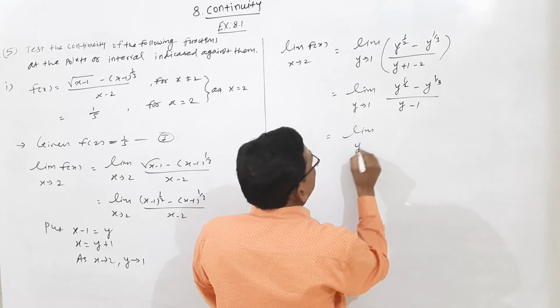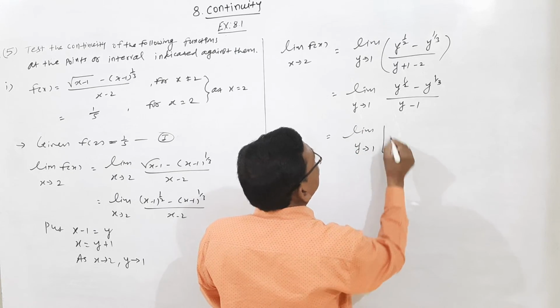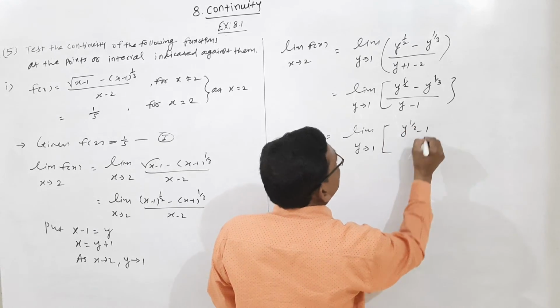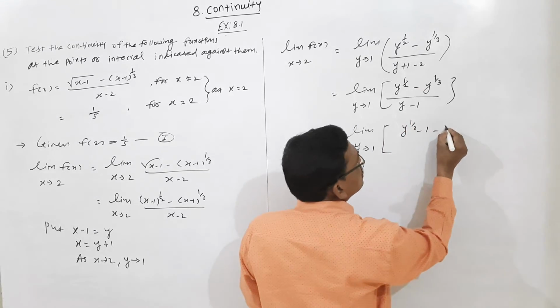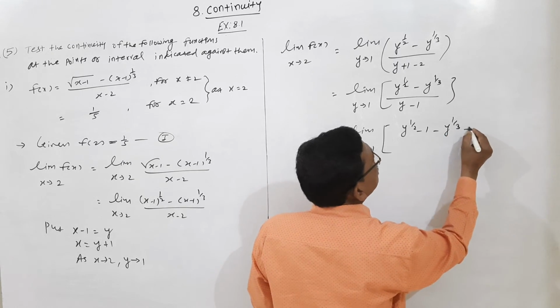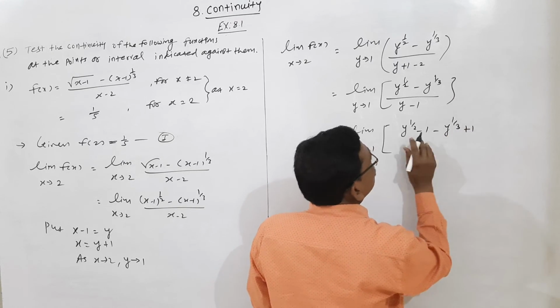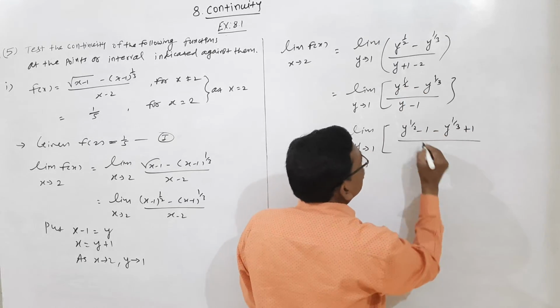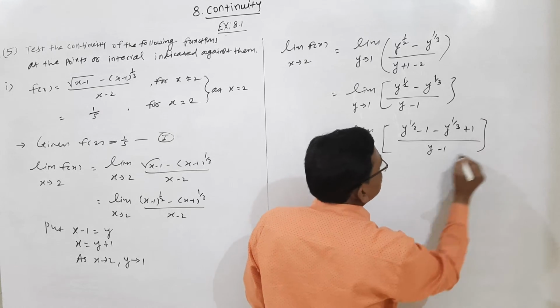So the limit as y tends to 1 of y raised to 1 by 2 minus 1, minus y raised to 1 by 3, plus 1. So we add minus 1 and plus 1 in the numerator, and the denominator y minus 1 is as it is.